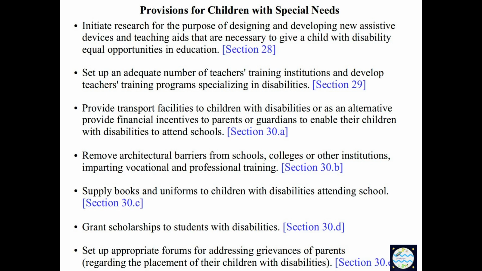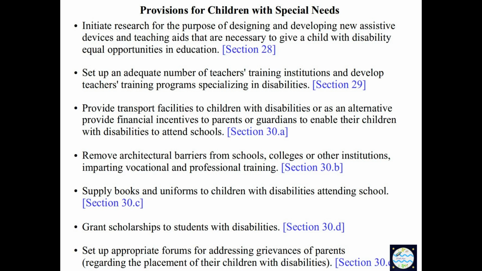Set up an adequate number of teachers training institutions and develop teachers training programs specializing in disabilities. Provide transport facilities to children with disabilities, or as an alternative, provide financial incentives to parents or guardians to enable their children with disabilities to attend schools.